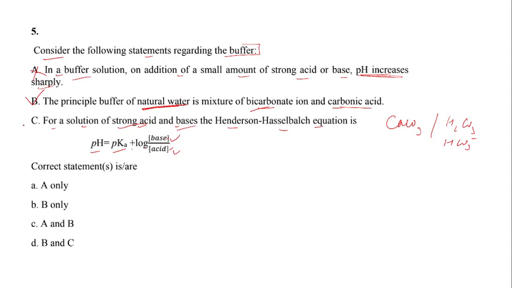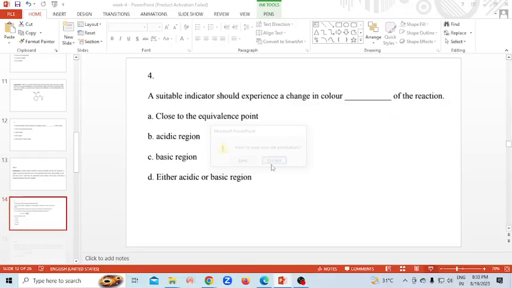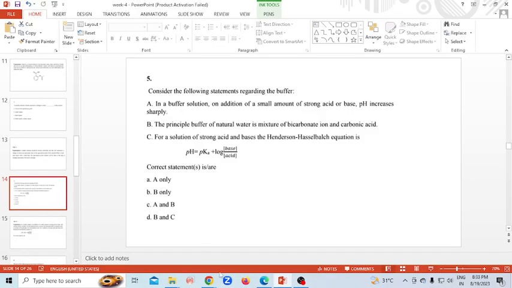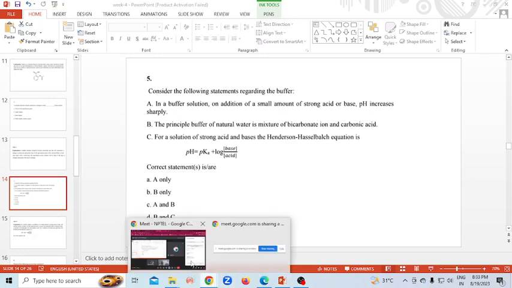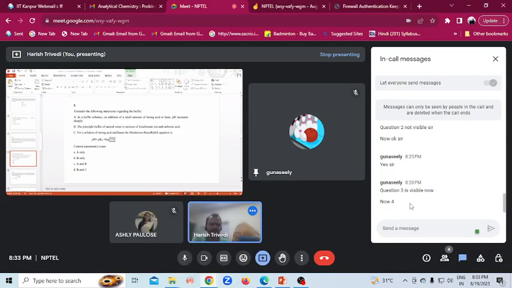So this is right. Okay, so our right answer will be D, because B and C statements are correct. Okay, so question 5 is clear. Any doubt till here, you can write to me.